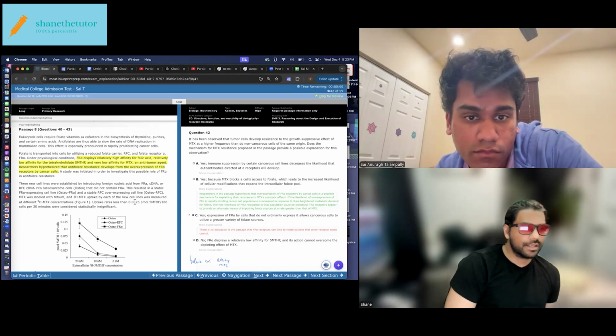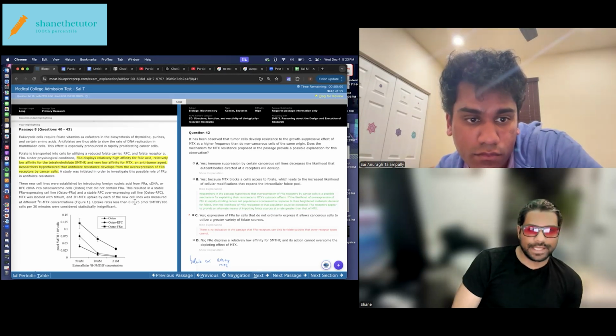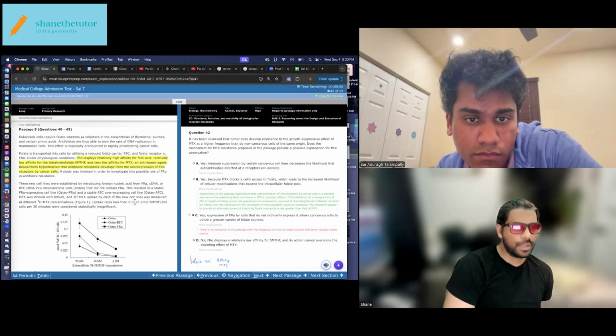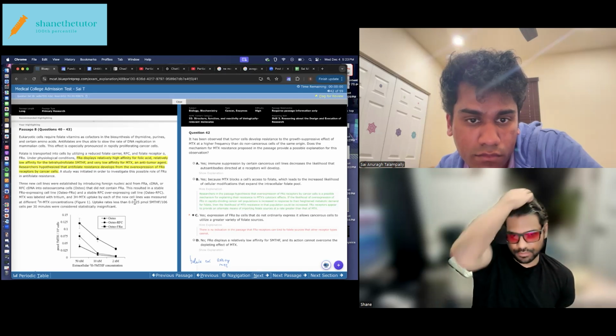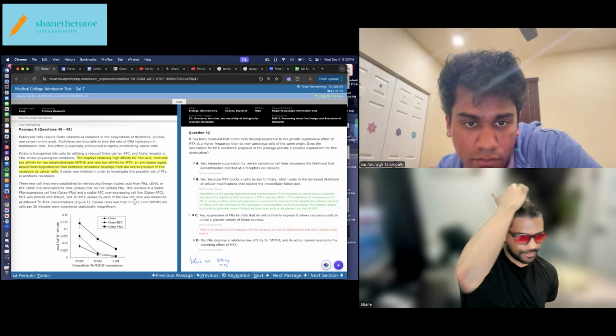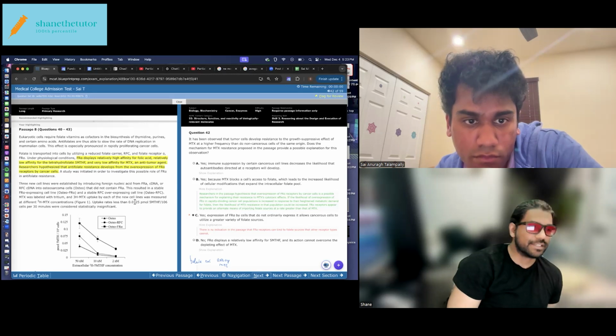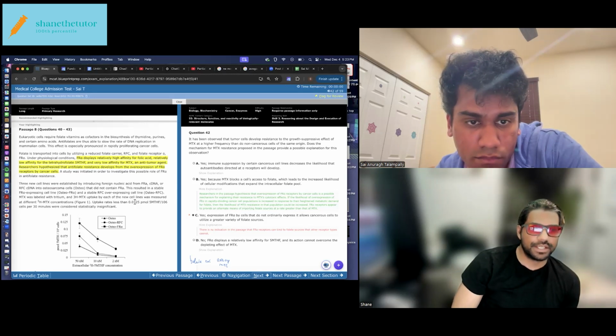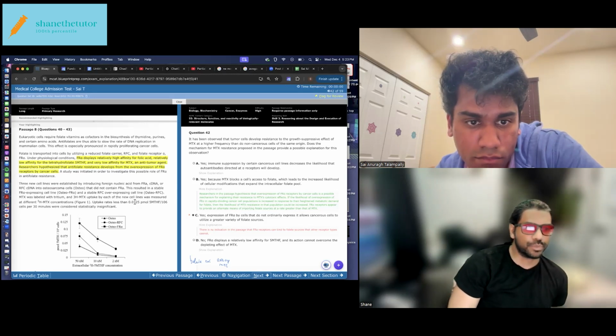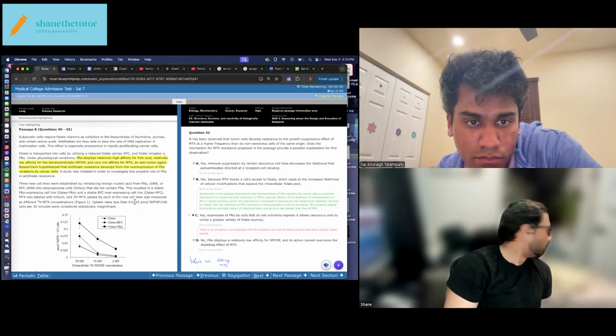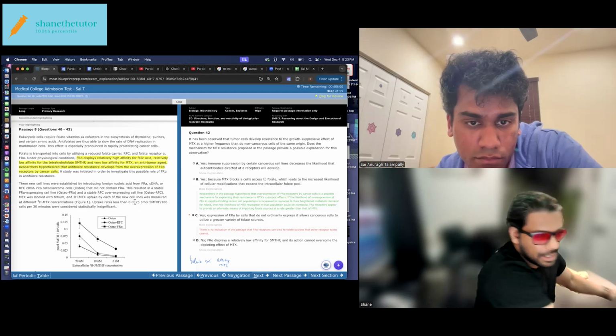That kind of makes sense because they were saying folates cause a high rate of DNA replication in cancer cells. So it would make sense that an anti-tumor agent would not bind very much.